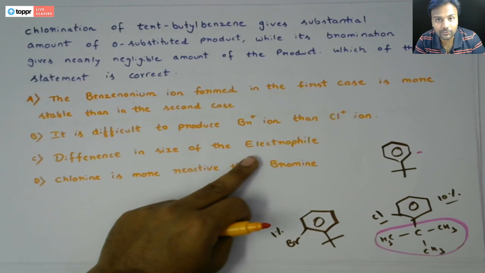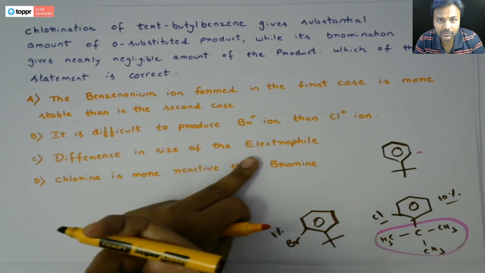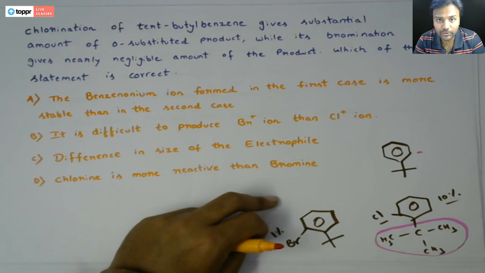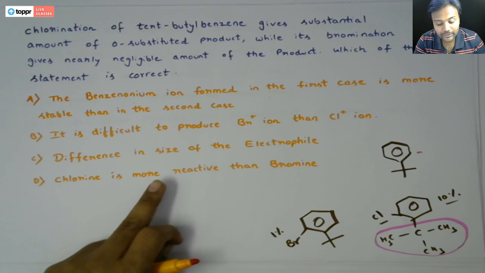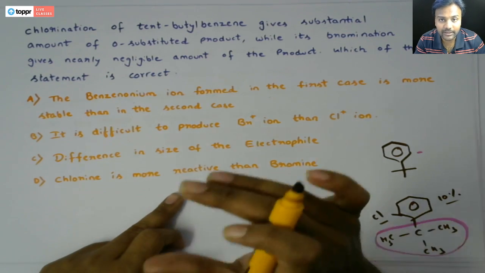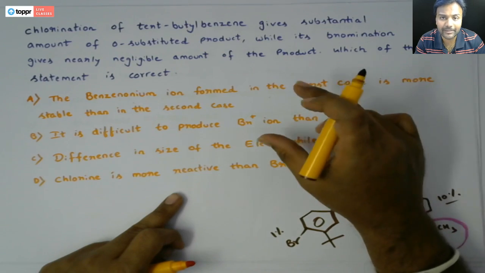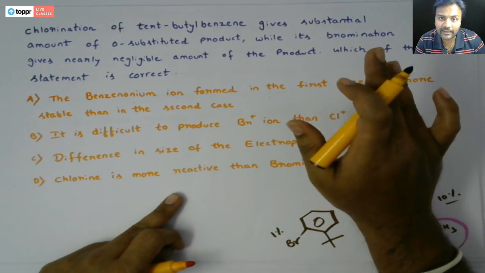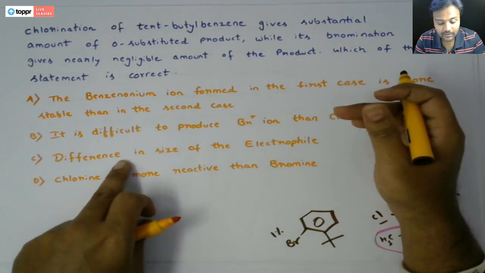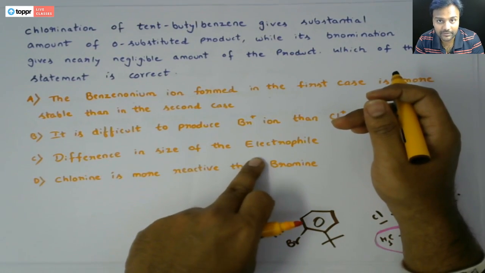Difference in size of the electrophile. Yes, the size of chlorine is far lesser than that of the bromonium ion. And chlorine is more reactive than bromine. It's not like that, because they should be an electrophile to attack the benzene. Whatever kind of electrophile doesn't matter. So here it is the size that affects.